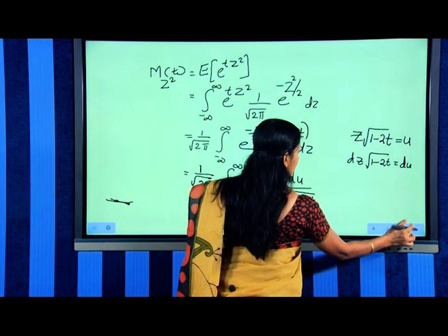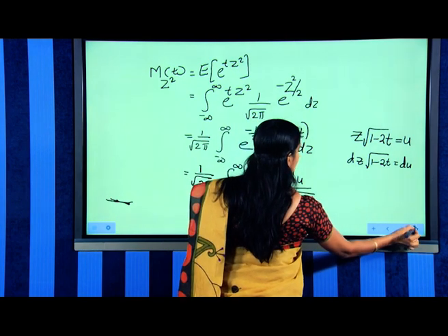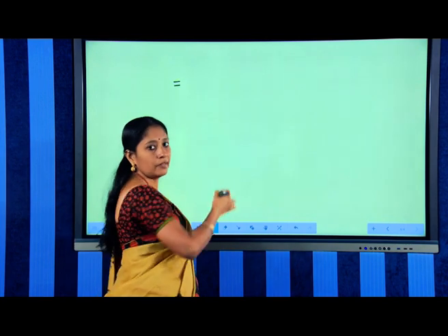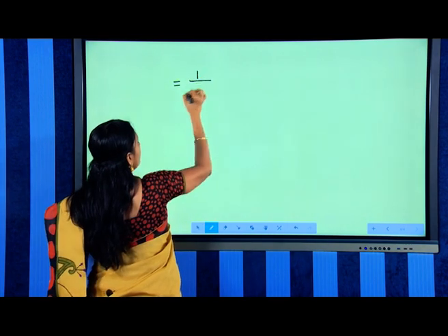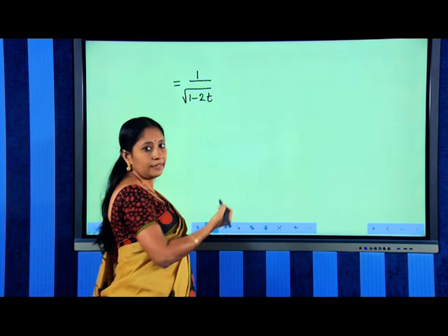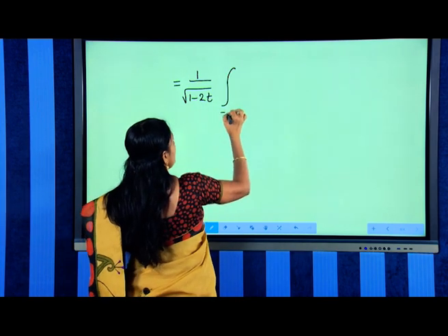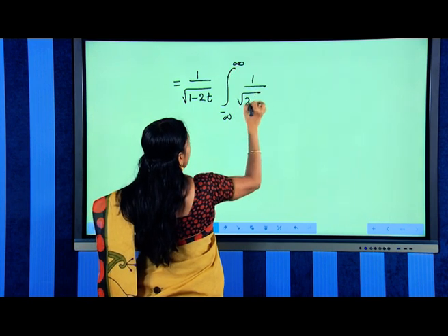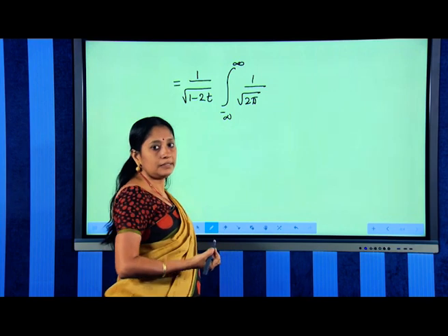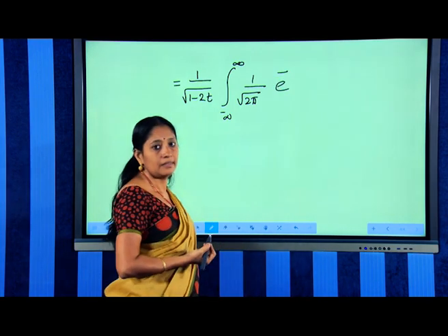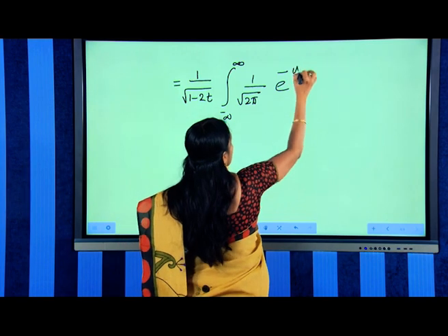Again simplifying this, we get 1 by root (1 minus 2t) integral minus infinity to infinity 1 by root 2 pi e raised to minus u square by 2 du.